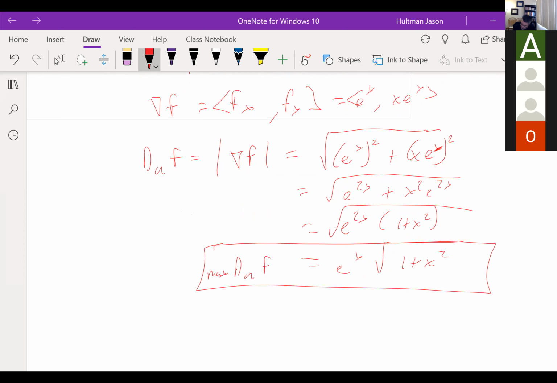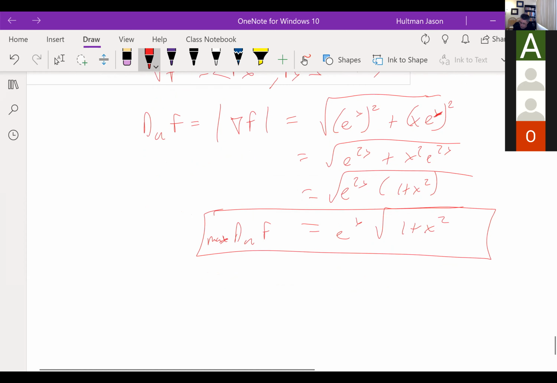The maximum directional derivative of f at (2, 0) is e to the 0 times the square root of 1 plus 2 squared, which is radical 5. So radical 5 is the maximum rate of change here.